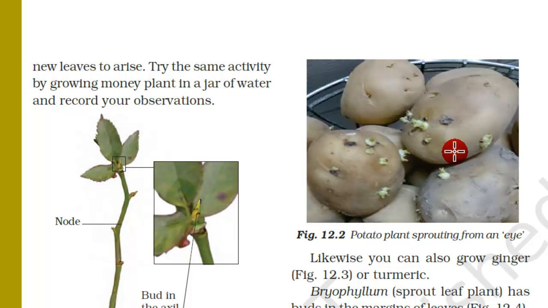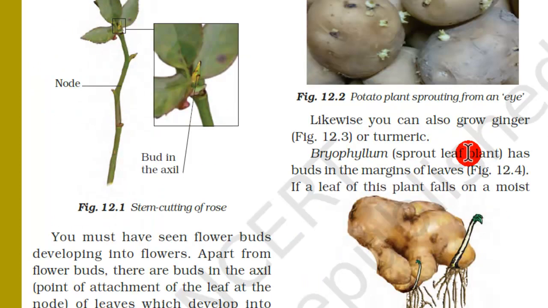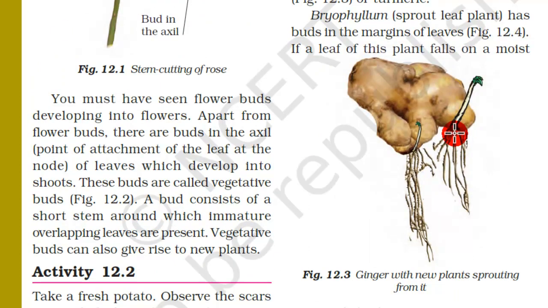And then we will water the pieces regularly for a few days, and we will observe the progress. Likewise, we can also do the same activity with ginger or turmeric.